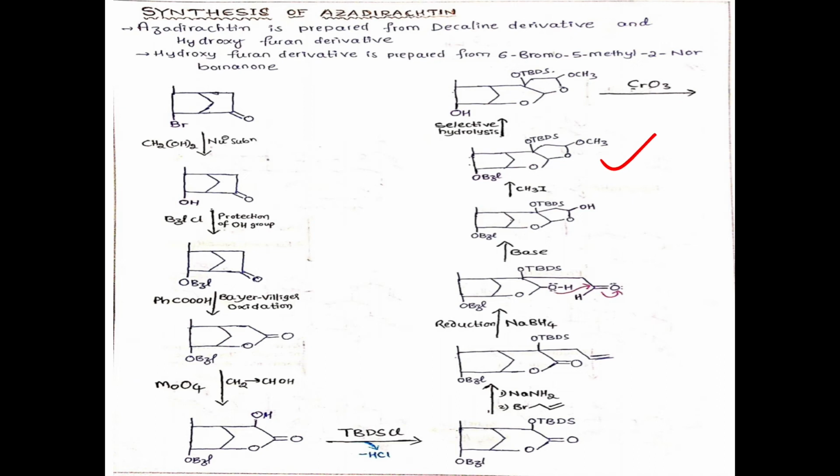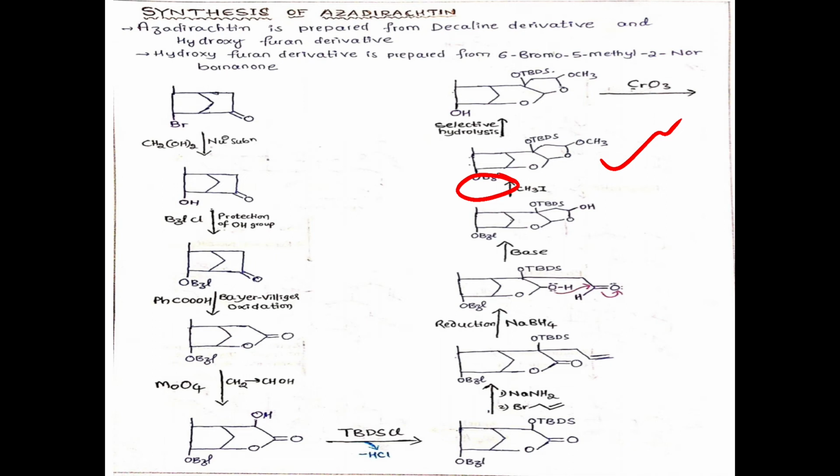This compound on hydrolysis, especially selective hydrolysis, the benzoyl protected hydroxy group is hydrolyzed to form a free hydroxy group. So we are doing selective hydrolysis; hence the other protected hydroxy groups are not hydrolyzed.